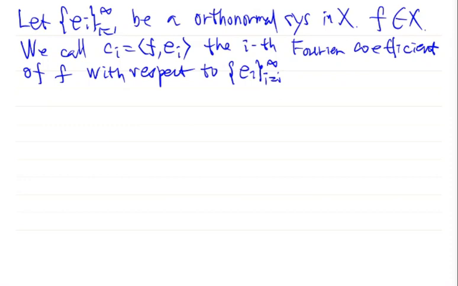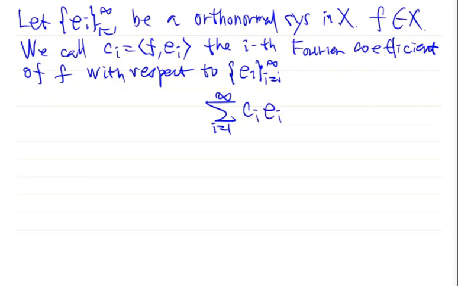Then using the Fourier coefficients, we can construct a series. This series is the sum of ci ei.